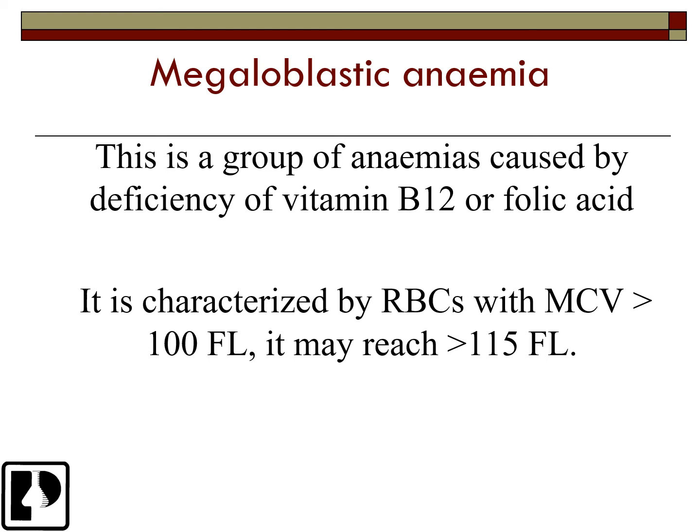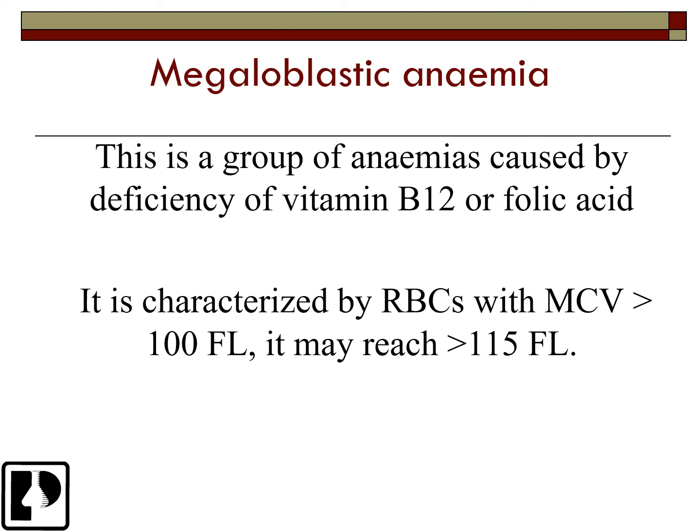So when the RBCs need to proliferate or replicate or duplicate, the RBCs need folic acid and vitamin B12. When this deficiency is present, the size of the RBCs starts to enlarge to be divided later, but it cannot be divided.